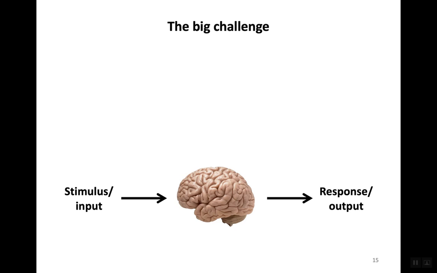There is a stimulus, an input that our brains process, and in response to that input, there is an output, typically a type of behavior, let's say a motor response. What happens in between? How does the brain mediate the relationship between the input and the output?